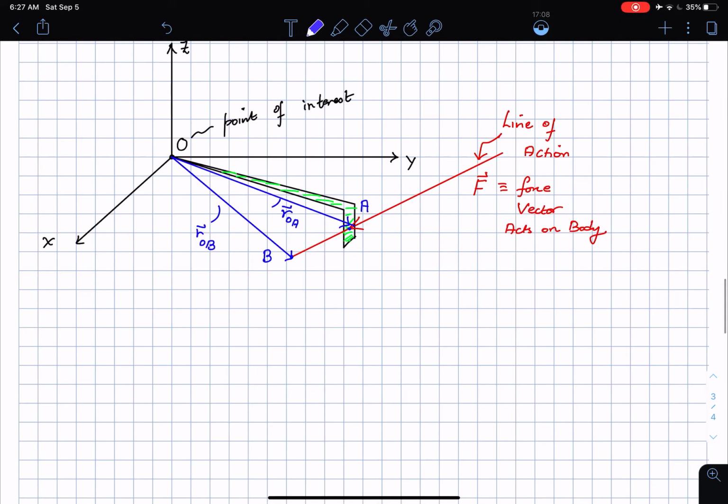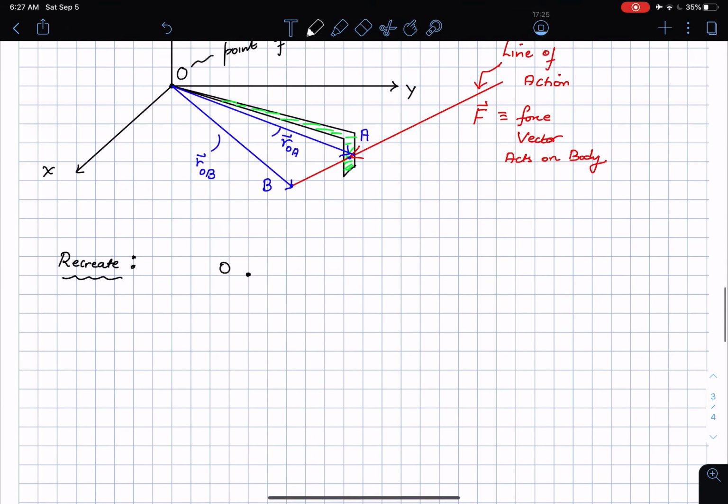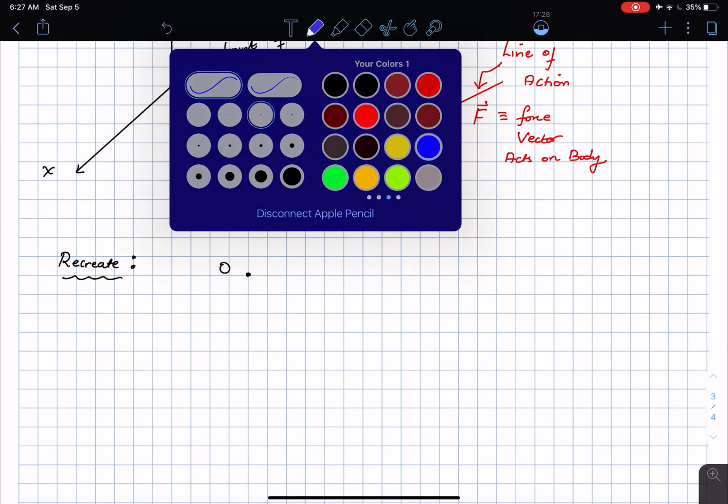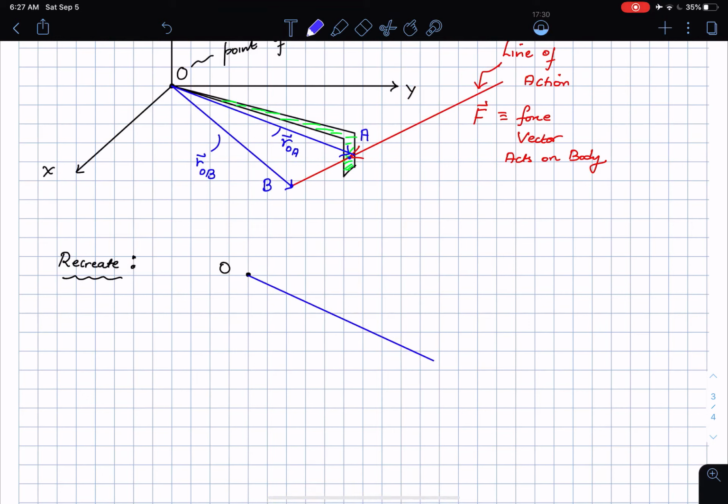In order to recreate this entire idea, I'm just recreating this by getting rid of some of this mess. So I have this point O here. Then I'm going to draw position vectors from the point O to the point A, which I call R_OA, the position vector from point O to point A.